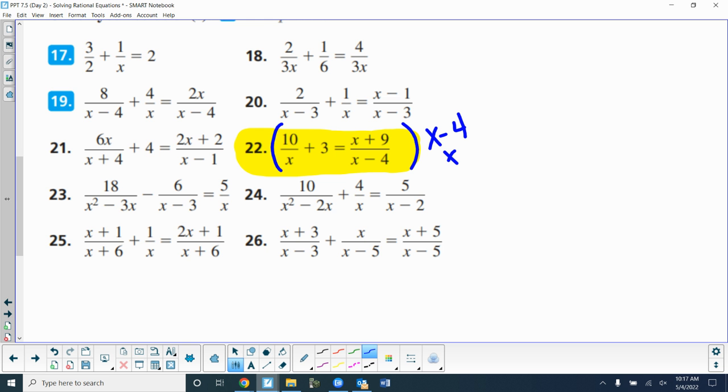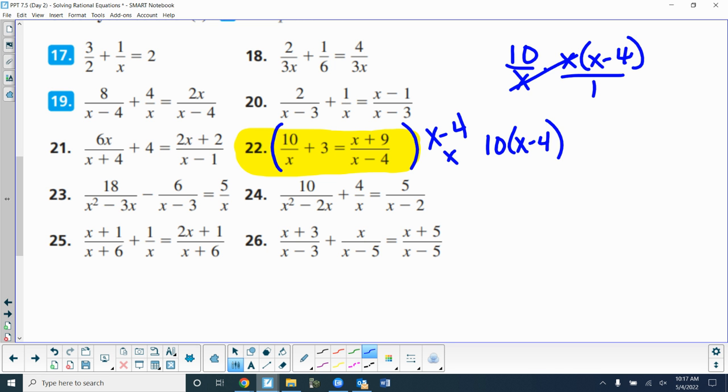Okay? So, when you do this next step then, when you multiply everything by the common denominator, your fractions will be eliminated. Okay? So, when I multiply 10 over x times that, and that's basically over 1, right? What happens to the two x's? They're gone. So this is 10 times x minus 4 plus 3 times both of those.